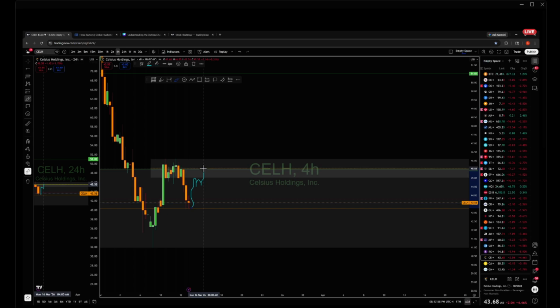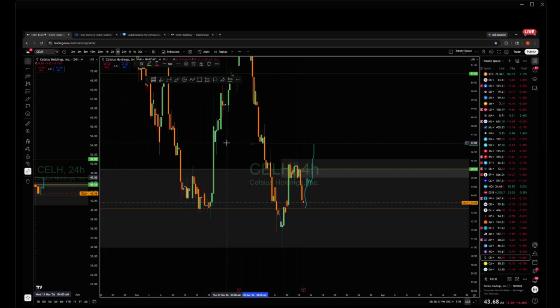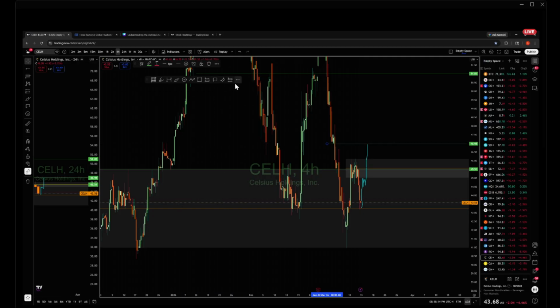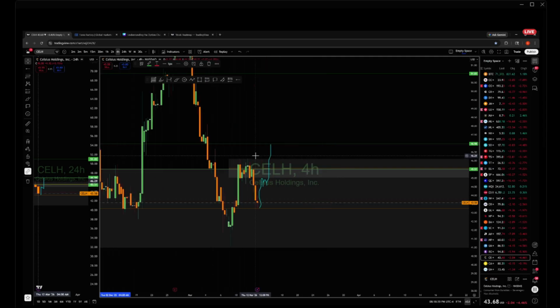No wick, closes right up against it. That would be technically a signal for this to punch out and make a new high, which we would target the first green candle to our left, and that would be 46, which seems to also be a level that price fought all the way across the board. Very good.